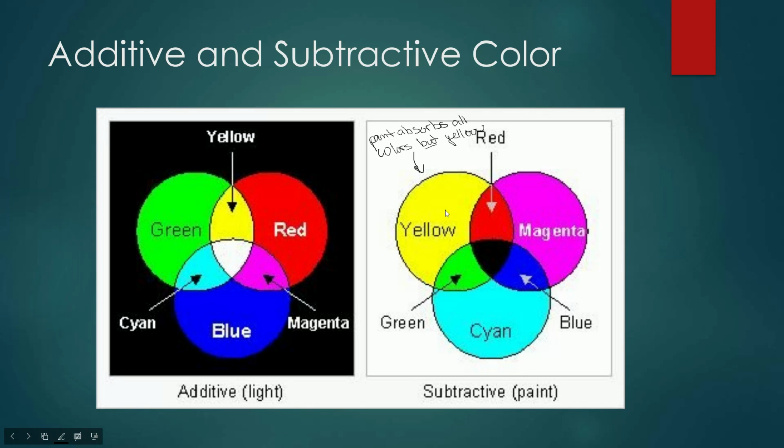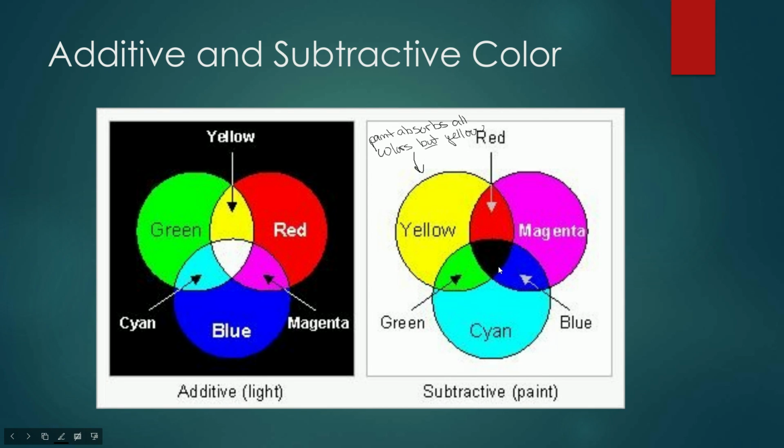Which means that if you have a yellow pigment, which is absorbing all the blue, and a magenta pigment, which is absorbing all the green, the only thing left to be reflected is this red color right here, and that's what we see here.